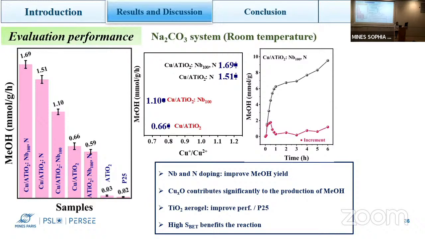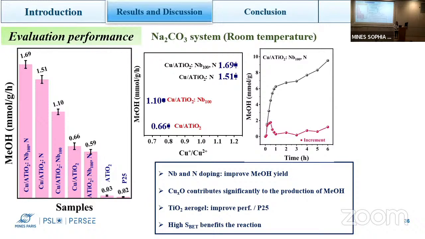It could be, because we are getting more copper in the surface, and that's why the copper content is getting higher in the surface. Yeah, maybe that's due to that with niobium, there is more copper in the surface and the performance is getting higher. Yes, it could be interesting to try to normalize the results regarding the quantity of copper to see if there is some synergy.